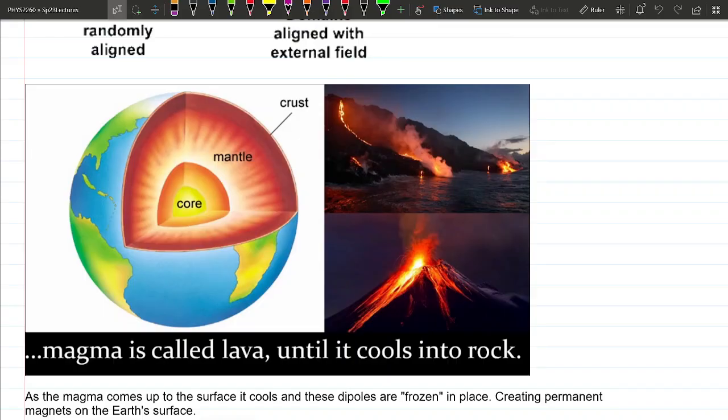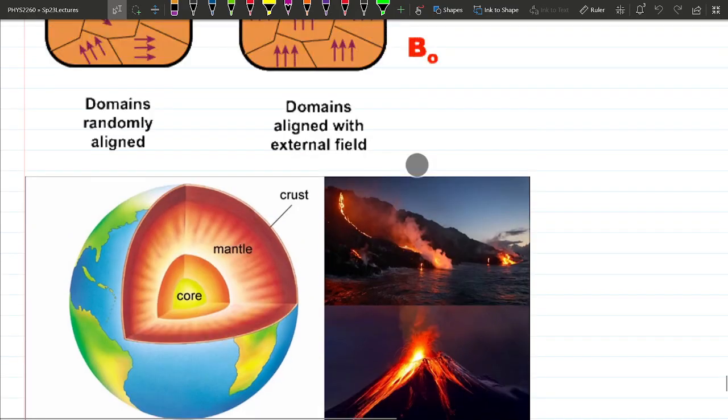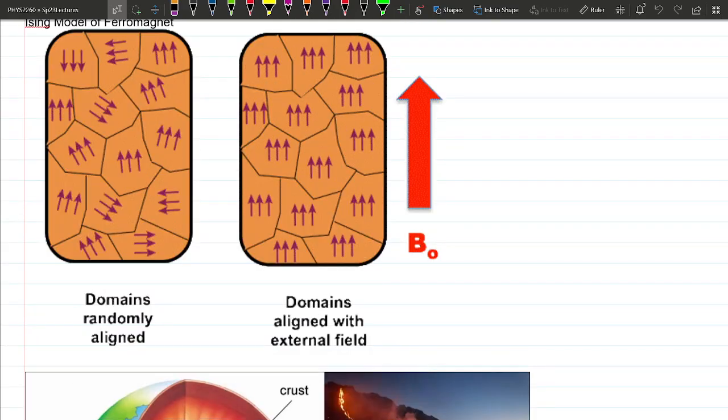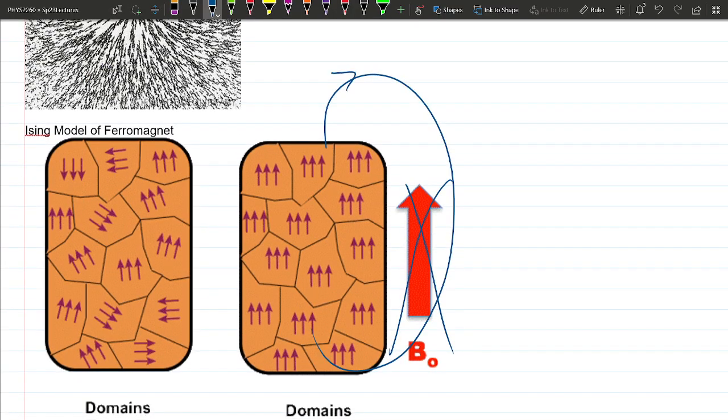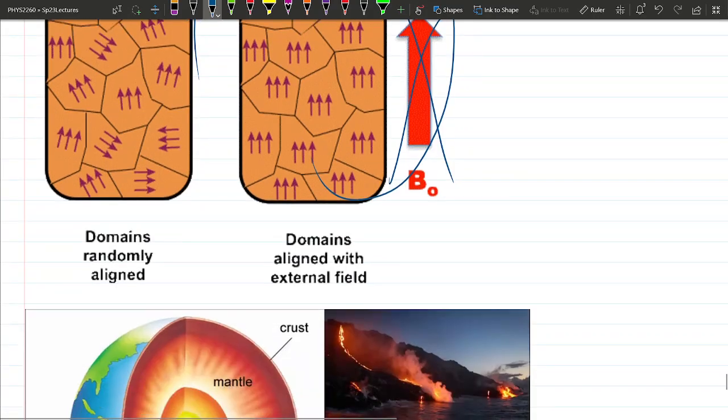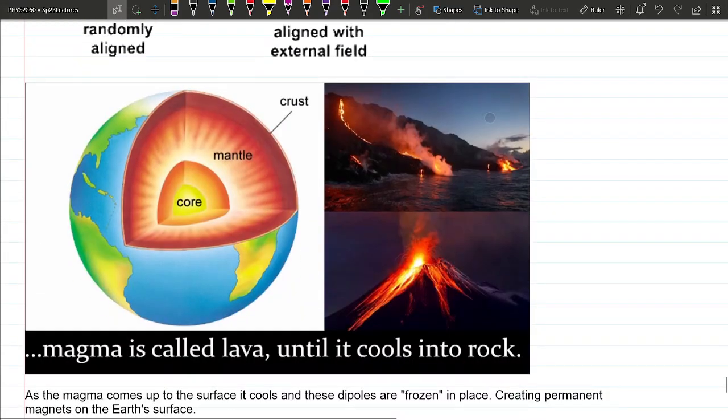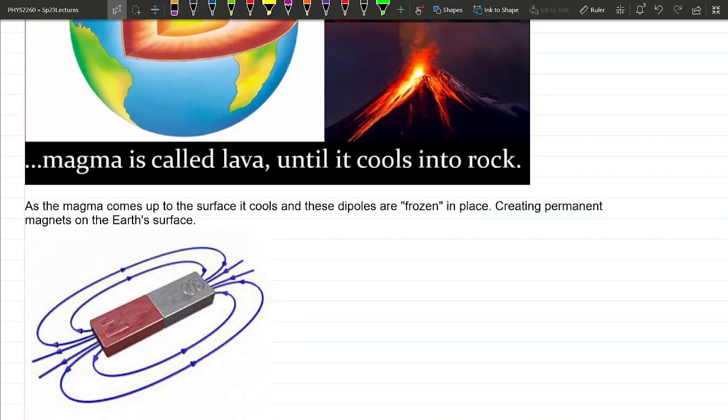When you have volcanic activity, new rocks come up. And as these rocks solidify, instead of going back to random directions, everything gets locked in place, and now you have a permanent magnet, because even when you remove the magnetic field, it generates its own magnetic field. So that's how permanent magnets are created on Earth initially.